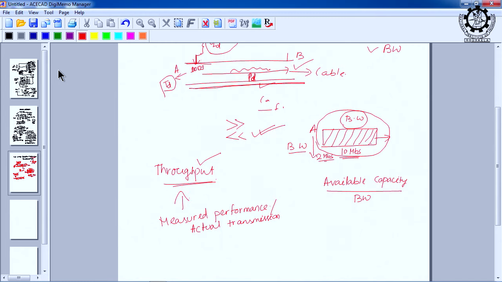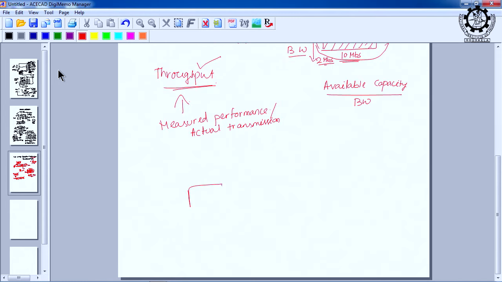That means there are two nodes N1 and N2, they have a connectivity of bandwidth 10 Mbps, but when they do the transmission they get only 2 Mbps, and we say this is the throughput of the transmission. That is how you actually measure network performance: you have something available to you, but the real transmission gives you some other result.